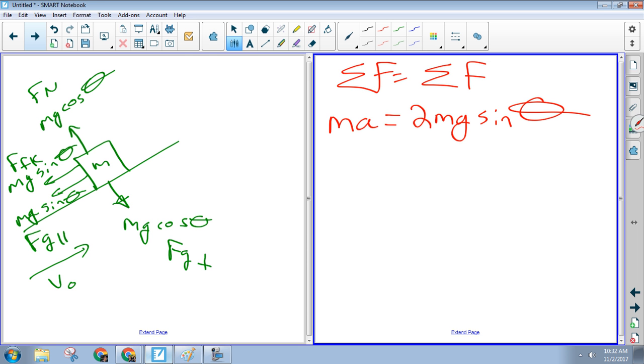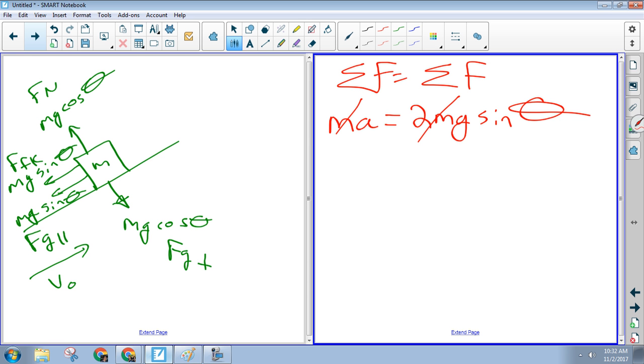Because you've got 2 mg sine thetas pulling it down the ramp. One from gravity, one from friction. So all that business I did about finding the coefficient of friction, we didn't actually need to do. Follow? All right, cool. Boom. Now I know my acceleration.